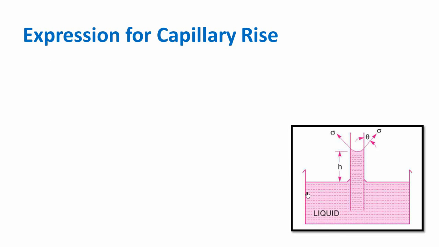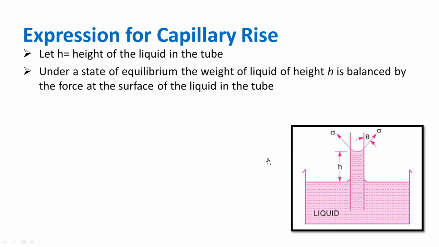So we have a height h of the liquid in the tube. A tube is inserted in the liquid container, and the liquid is rising up to a height h. Under the state of equilibrium, the weight of the liquid of height h is balanced by the force at the surface of the liquid in the tube.